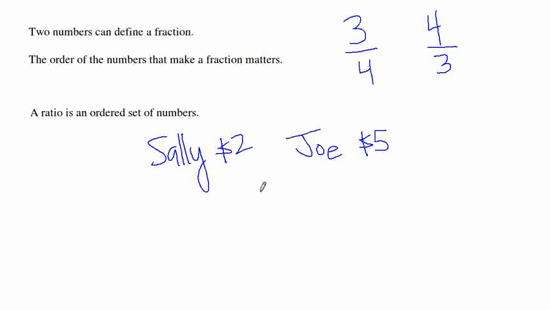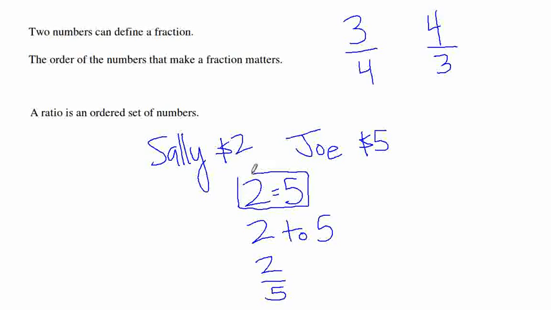Let me show you some ways that people have joined two numbers in the past to symbolize a ratio. You can use a colon, you can use the word "to", so 2 to 5, or you can use the traditional fraction notation. Okay, all three of these communicate a ratio.